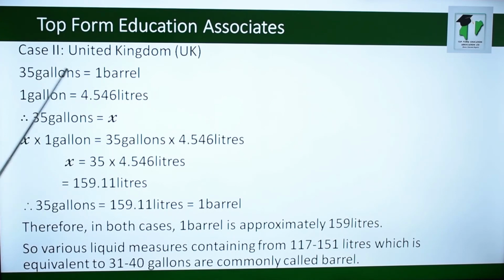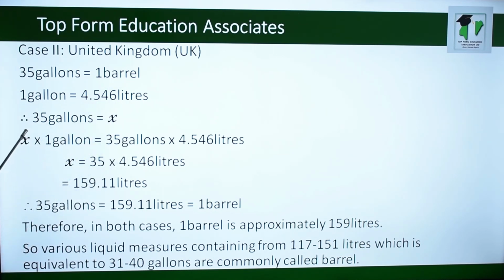Now case 2 is that of the United Kingdom. We want to see what the value will be also. In the United Kingdom, 1 barrel is equal to 35 gallons. So 1 gallon equals 4.546 liters in the United Kingdom.